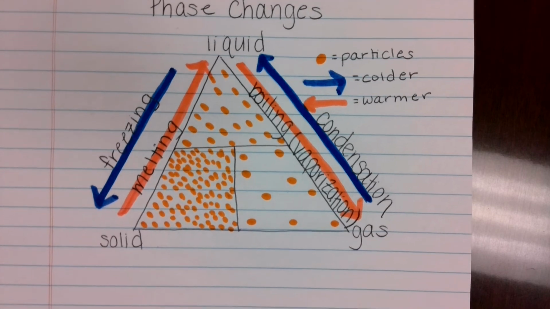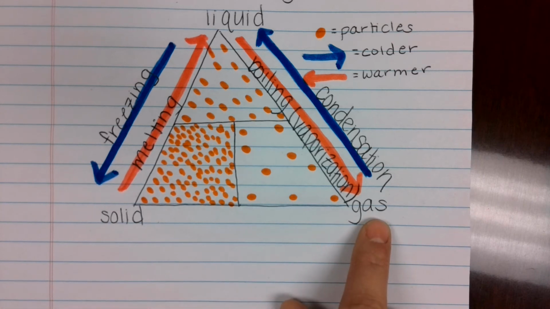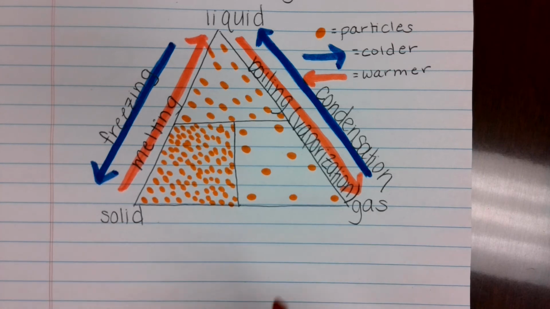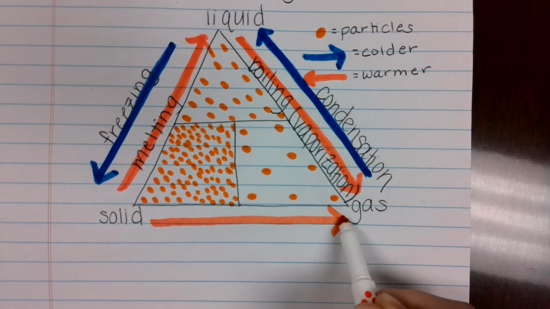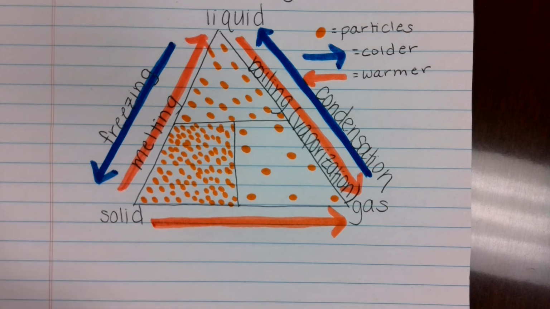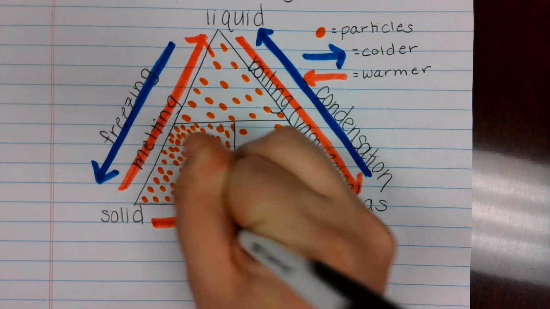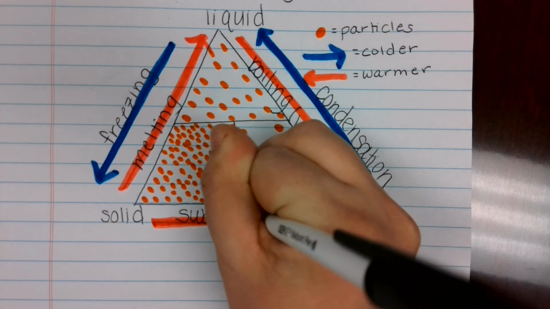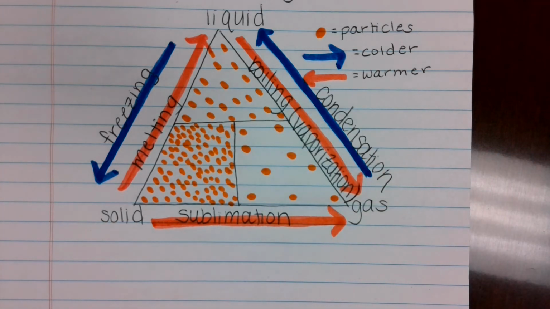Now, here's something that you may not have seen before. Do you know what it's called when we go from a solid to a gas, or vice versa? Well, when we go from a solid to a gas, that, my friends, is called sublimation. We don't often hear this term because it doesn't happen a ton.